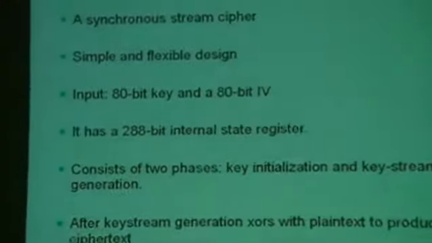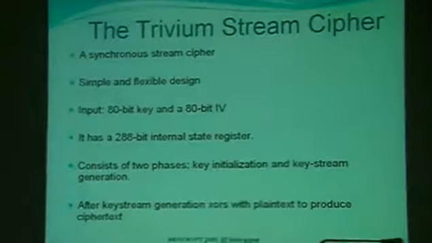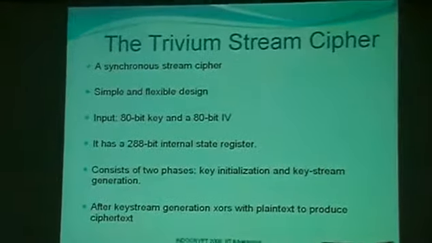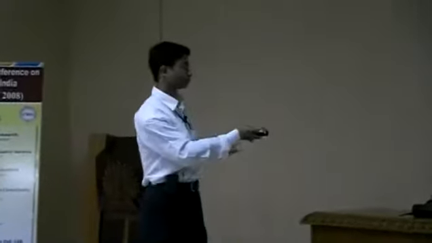This is a brief overview of the Trivium stream cipher. It takes an 80-bit key and an 80-bit initial vector, and it has a 288-bit internal state register. As with any other stream cipher, it contains key initialization and key stream generation phases, and the key mixing is XOR. Now these are the specifications.